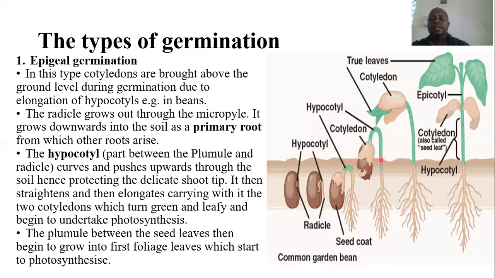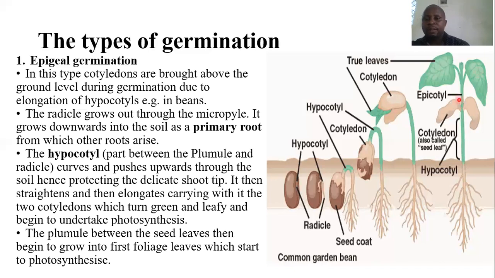When it eventually reaches the ground, the hypocotyle will straighten and the plumule will start to produce the first foliage leaves, which will undertake photosynthesis, hence producing food.